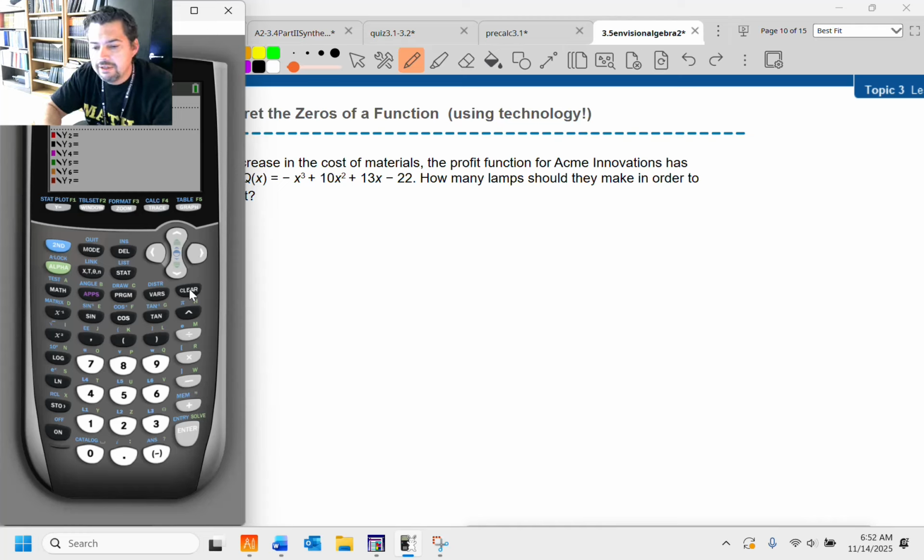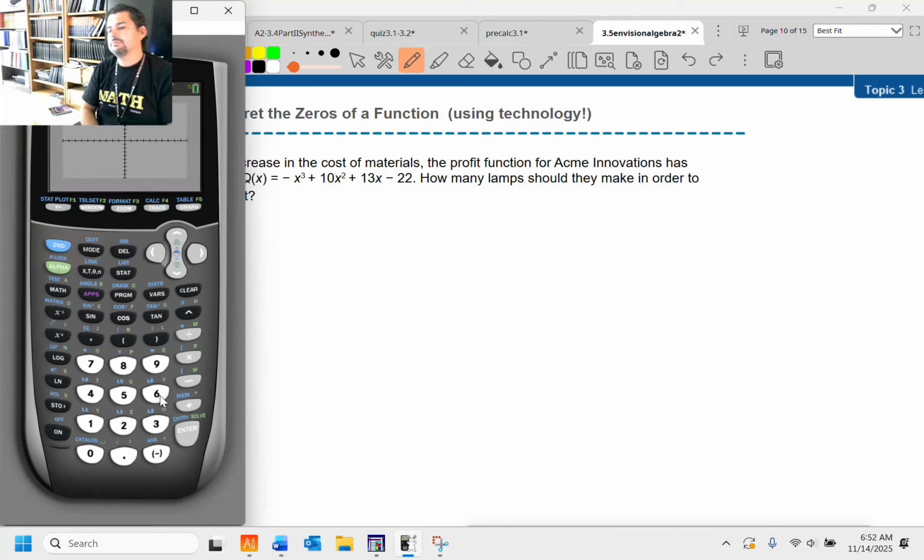We got a negative x to the third plus 10x squared plus 13x minus 22. And again, play along. You see it, you hear it, you say it, you do it.